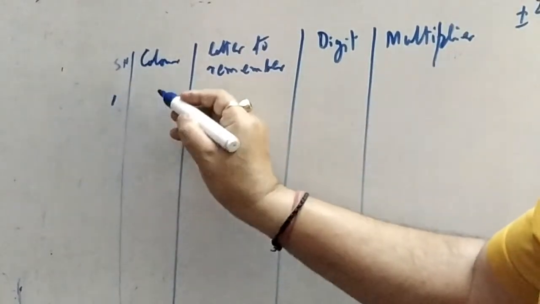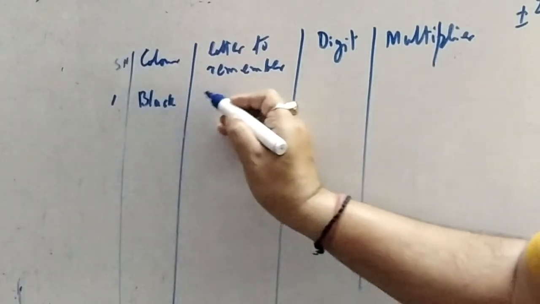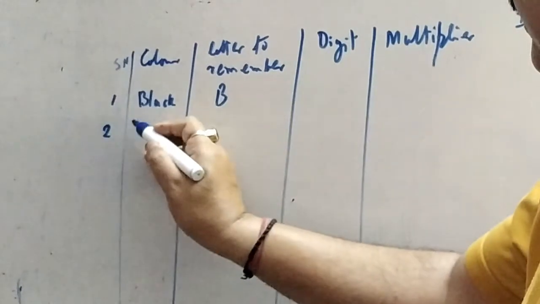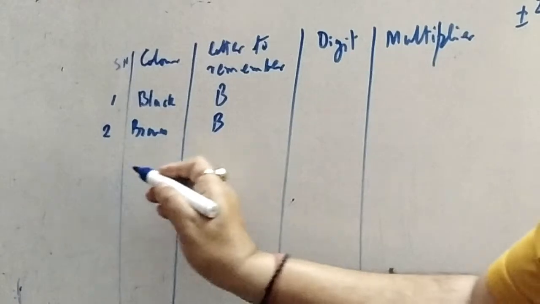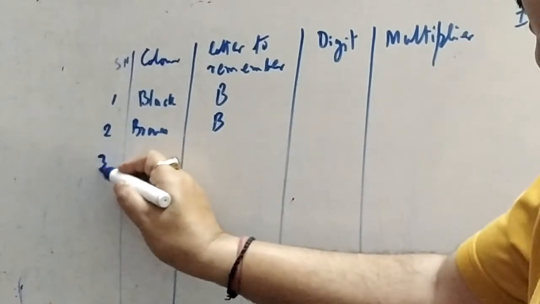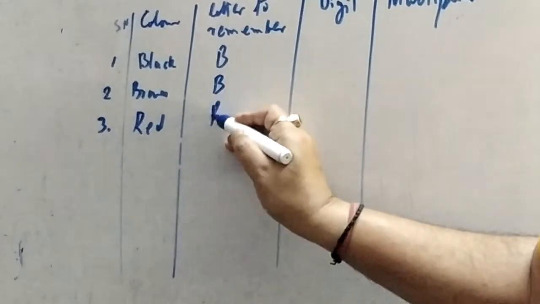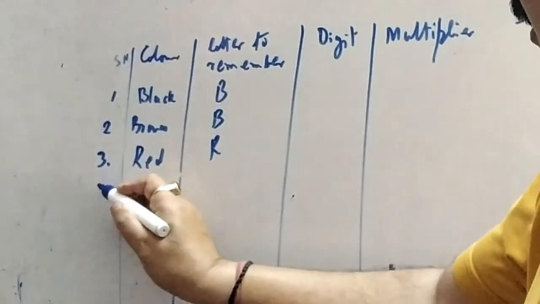Serial number 1: first we write the color black, and the letter to remember is B. It is brown, which is another B. Next, third is red, and the letter to remember is R.